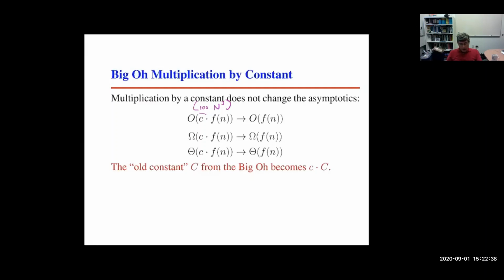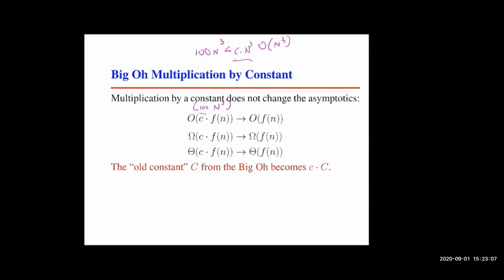Is there a constant? Let's think about it. We have 100 n cubed here. On the other side, we say n cubed. If we want to prove that it's order n cubed, is there a constant times n cubed such that the right side is bigger than the left side? What would be a value of C for that? 101 will do it, right?